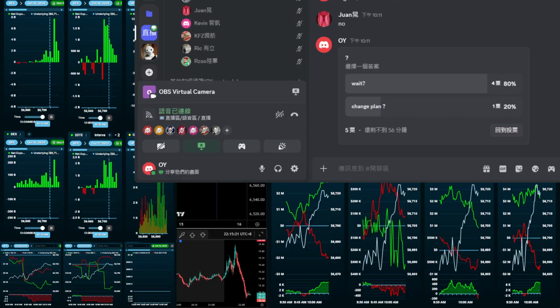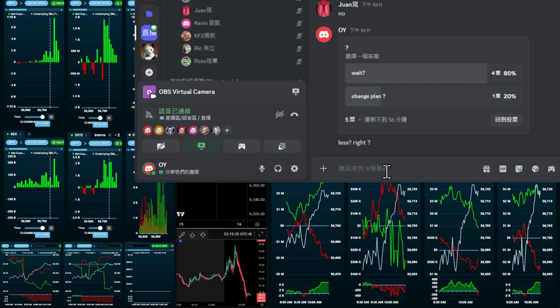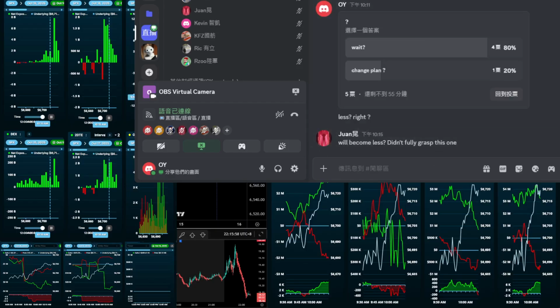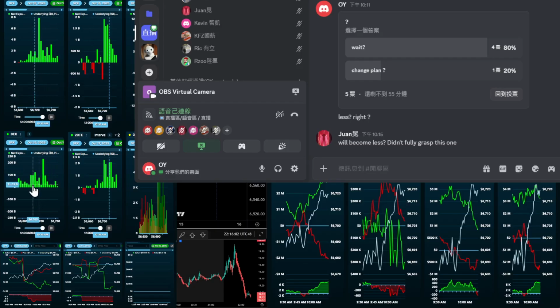So the trading opportunity will become less, right? The trading opportunity will become less, right? If you agree, please. Okay. Because the net drift, the premium in every single moneyness, three of them need to be aligned together.